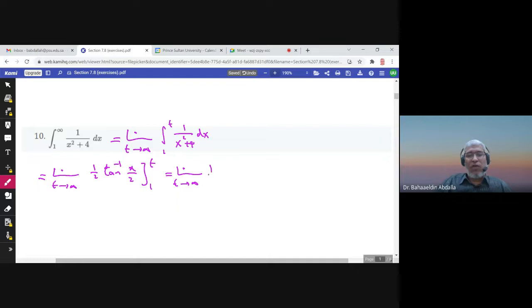So we have half tan inverse of t over 2 minus half tan inverse of half.